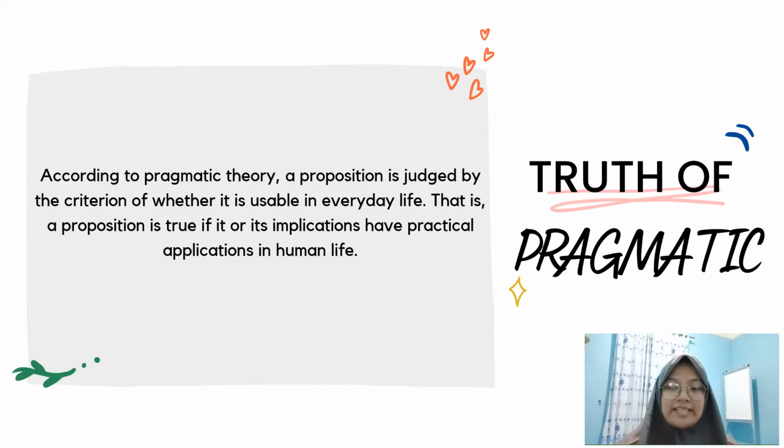Truth of pragmatic. According to pragmatic theory, a proposition is judged by the criterion of whether it is usable in everyday life. That is, a proposition is true if it or its implication have practical application in human life.